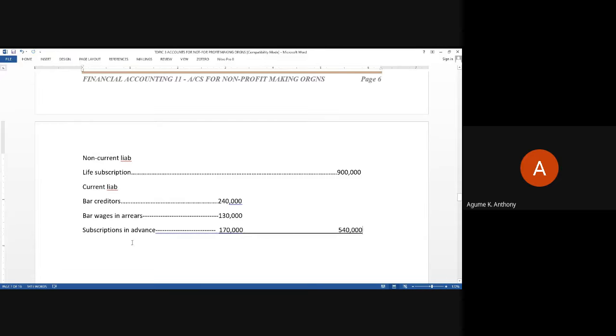So if you add, you get your total equity and liabilities, which is 54,230,000. So that is it.